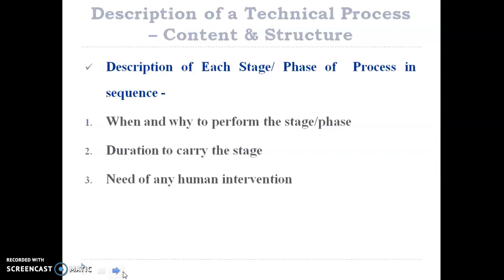Now that's how you can talk about a technical process, especially what should be written and how it should be structured. Now let's have a look at some of the guidelines for writing technical descriptions.